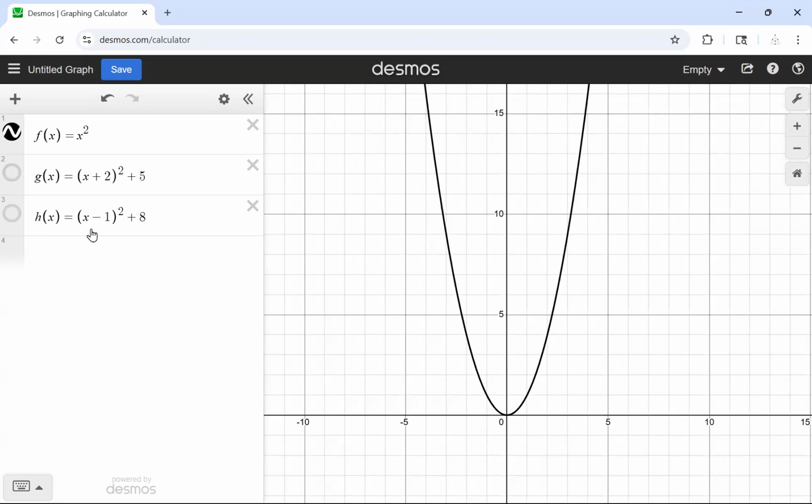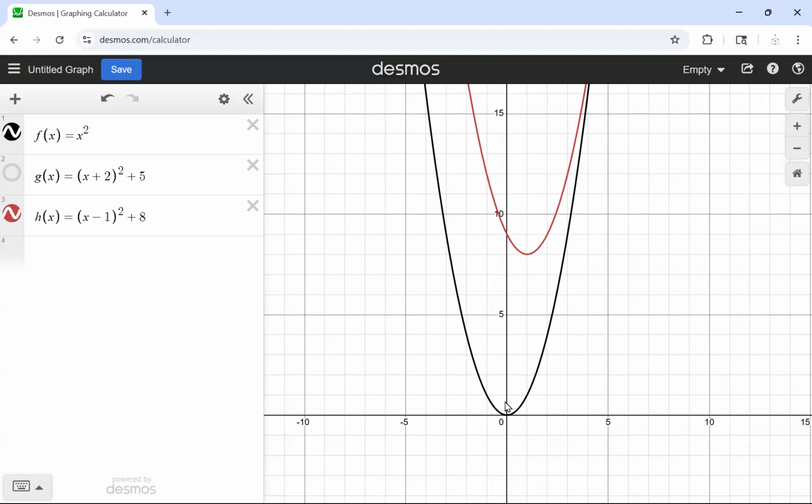h of x is equal to (x minus 1) quantity squared plus 8. So we should move it 1 to the right and then 8 units up. So our new bottom of the parabola should be at 1, 8, which would be about right there.